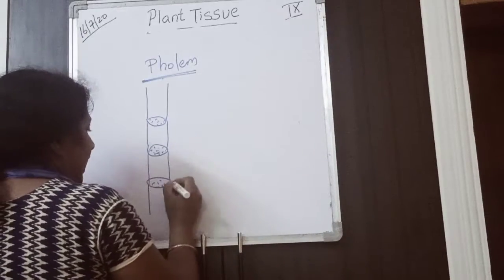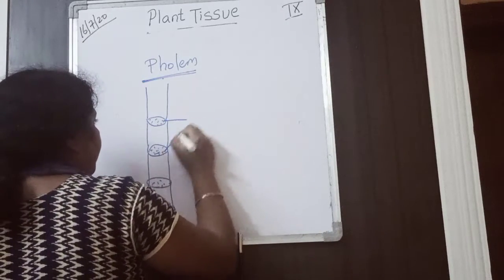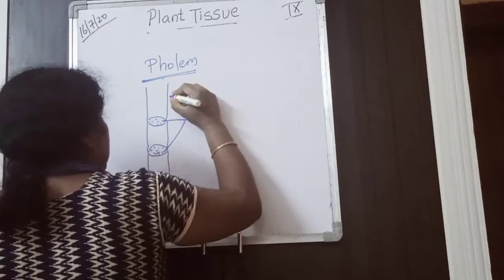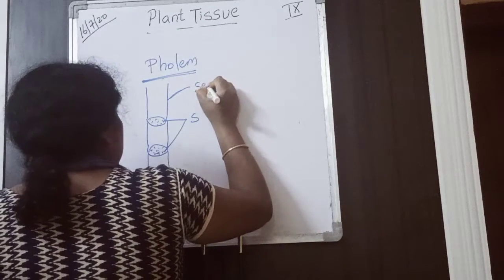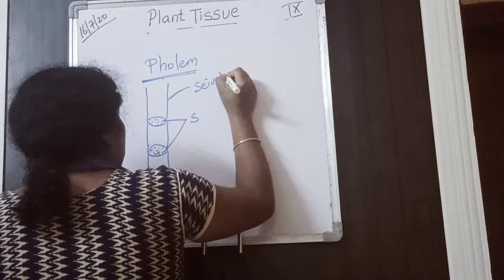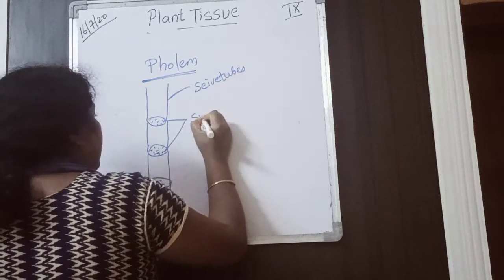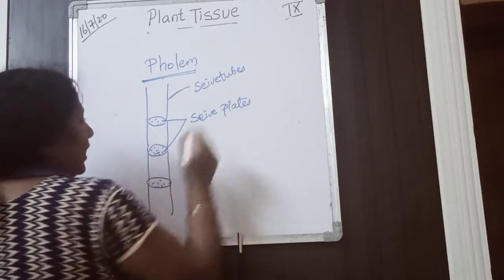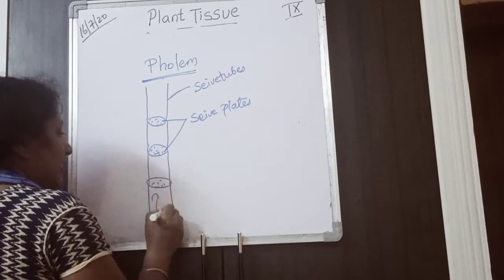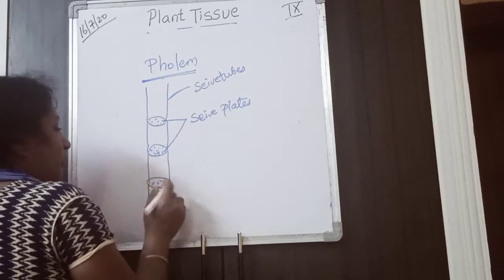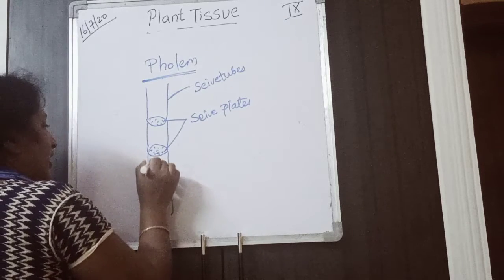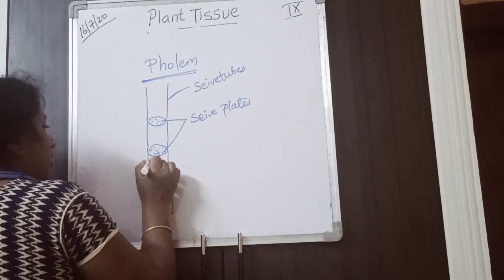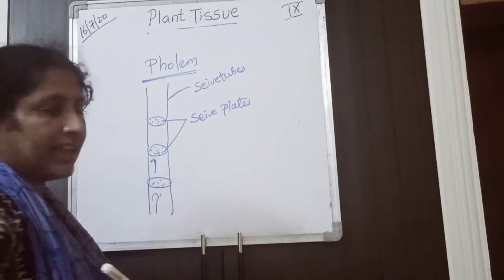This is sieve tubes, and this is sieve plates. Okay, clear? So food is moved from the leaf to all parts of the plant.